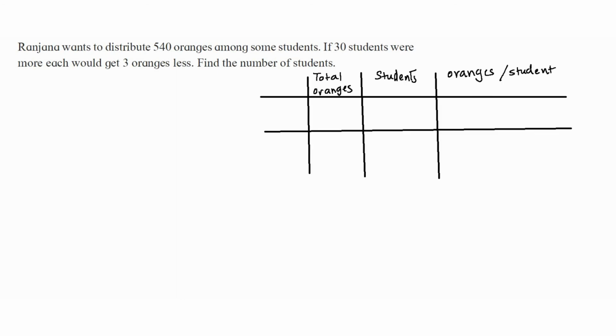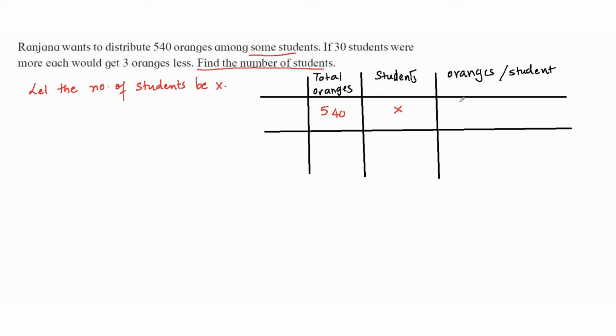So it's given that 540 oranges were distributed among some students. So let's assume that the number of students is x. Also find the number of students. So I think assigning x as the variable for number of students makes a lot of sense here. So I would say let the number of students be x.